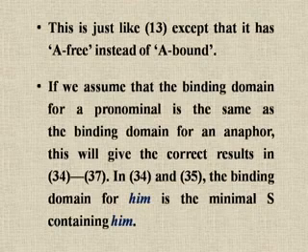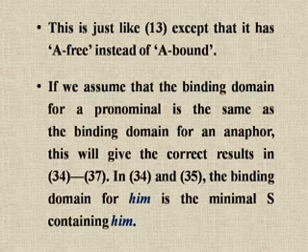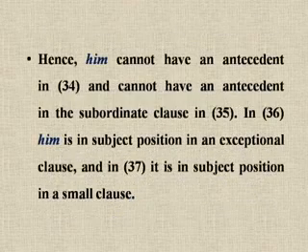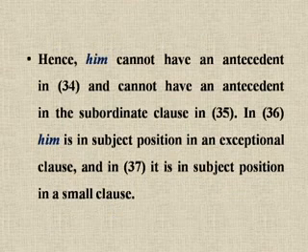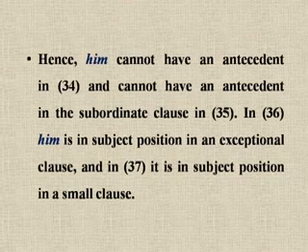If we assume that the binding domain for a pronominal is the same as the binding domain for an anaphor, this will give the correct result in 34 to 37. In 34 and 35, the binding domain for him is the minimal S containing him. Hence, him cannot have an antecedent in 34, and cannot have an antecedent in the subordinate clause in 35.